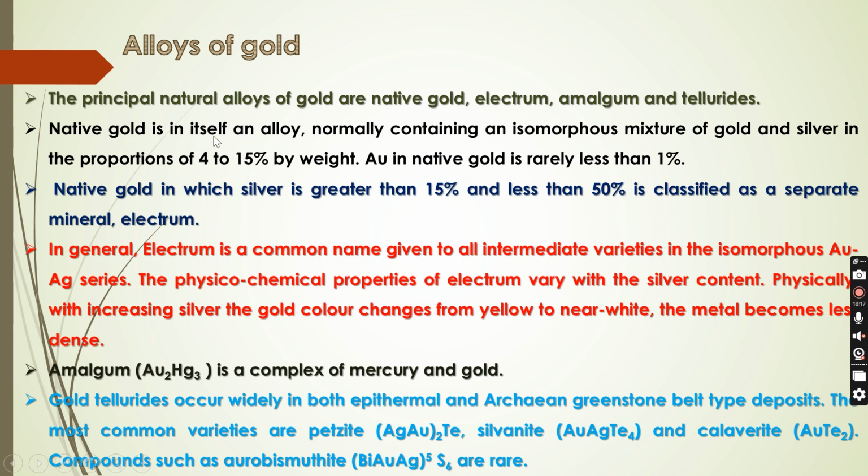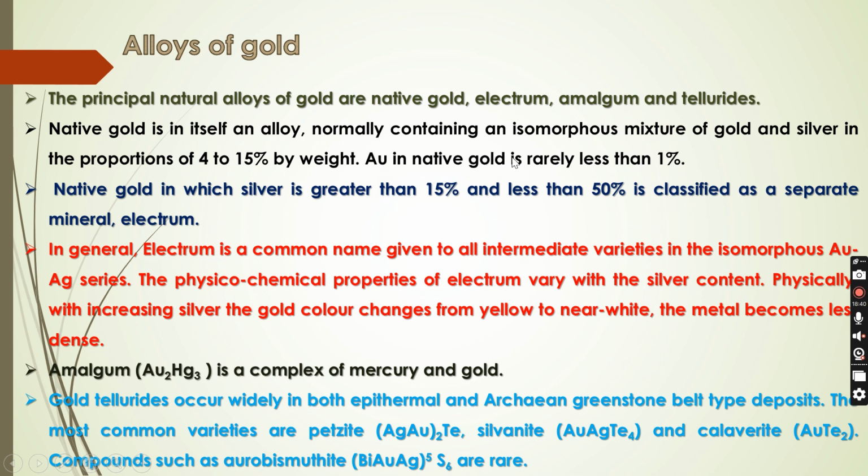Native gold is in itself an alloy because it normally contains an isomorphous mixture of gold, maximum gold, but some amount of silver will always be present, in proportions of 4 to 15% by weight. Because of that, native gold is also considered an alloy.